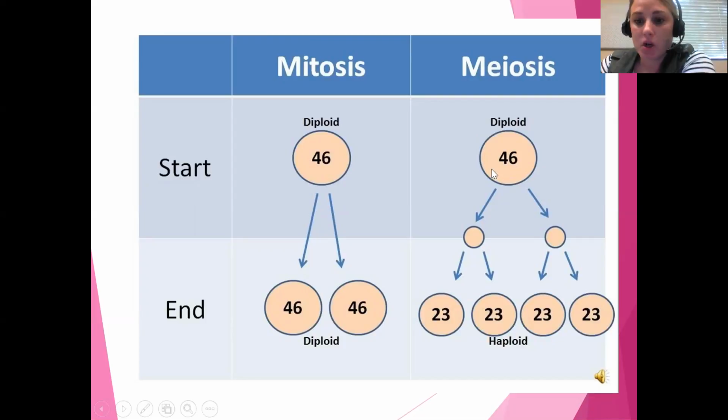In meiosis, we start with a diploid cell, 46 chromosomes. We go through meiosis 1, meiosis 2, and at the end we have 4 daughter cells that have one set of chromosomes, and they're considered haploid. They have half of the information.